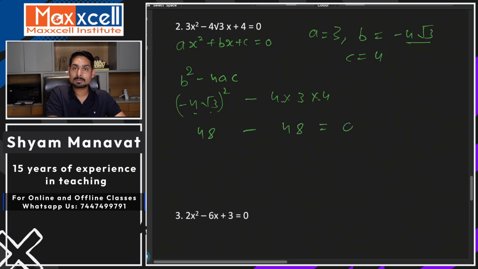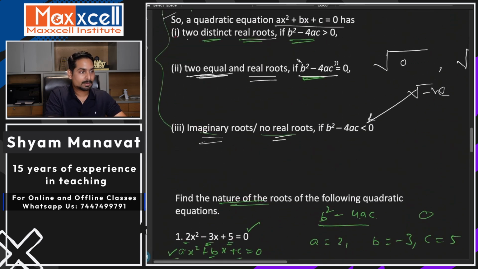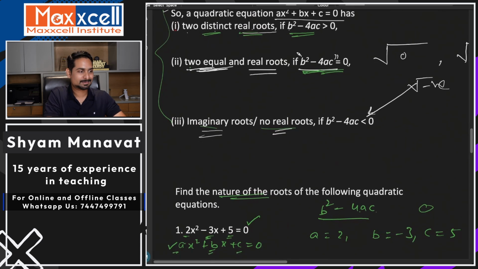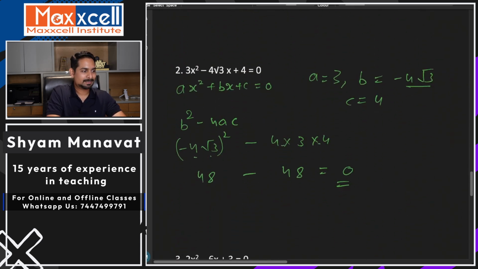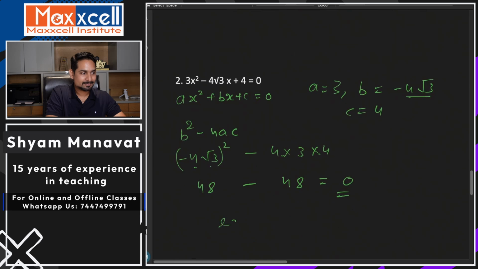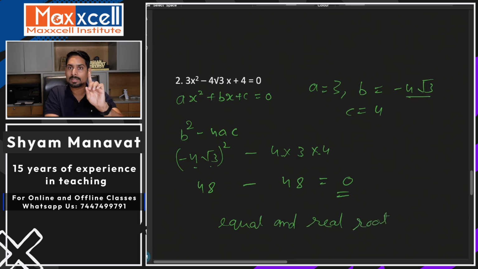That is equal to 0. So you got the discriminant equal to 0. What happens if discriminant is 0? You get two equal and real roots. So here we got equal and real roots. You say equal or you say you got one root, one and the same thing.